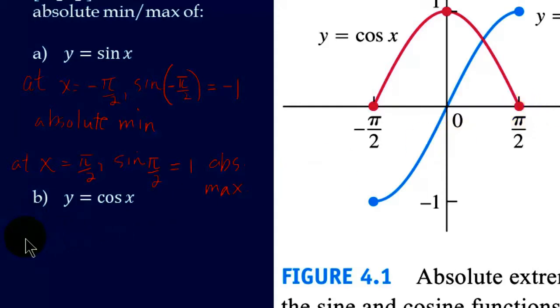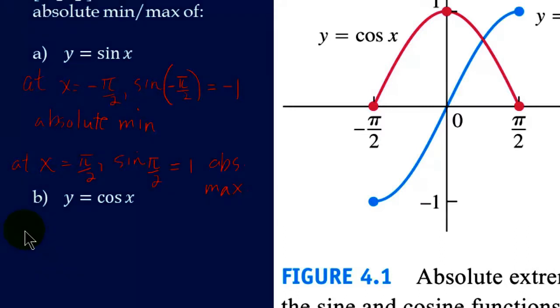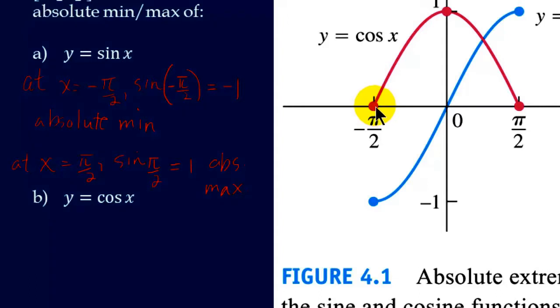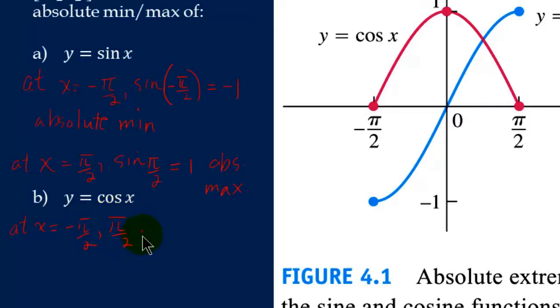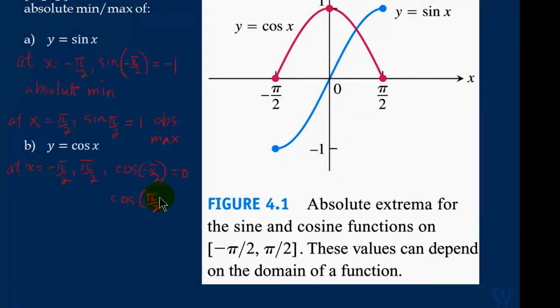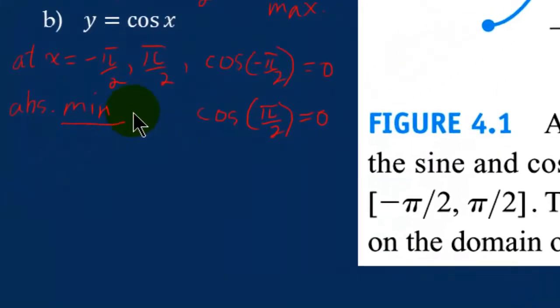Okay, now for the cosine function, which is the red curve, we can see that the absolute minimum occurs at the two endpoints. So at x equal to minus pi over 2, as well as pi over 2, the cosine of minus pi over 2 is equal to 0. At the same time, the cosine of pi over 2 is equal to 0. And so the absolute minimum occurs at two points.